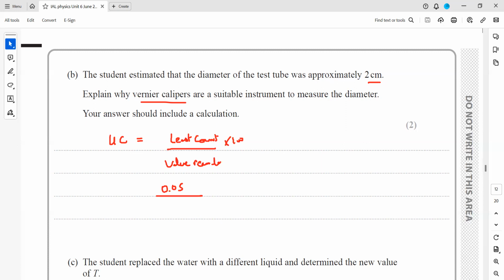So 0.05 divided by the value recorded. What value recorded? We recorded the maximum value of 2 centimeter. If you have a micrometer, it is 0.01 millimeter, and a vernier caliper is 0.1 millimeter, or 0.05 millimeters are also acceptable.